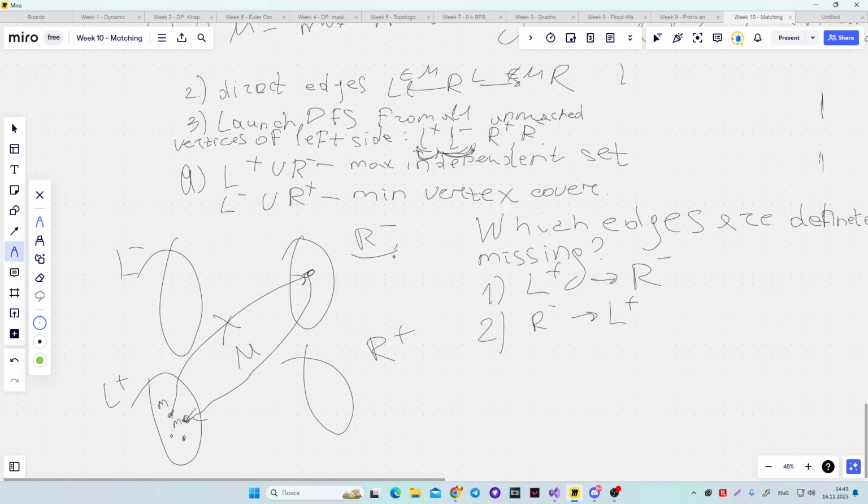We launch our DFS from some unmatched vertices that belong to L plus.